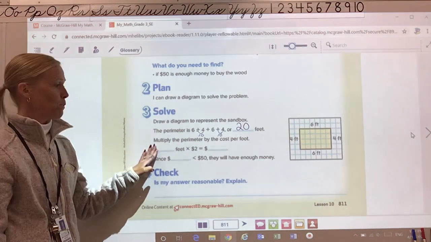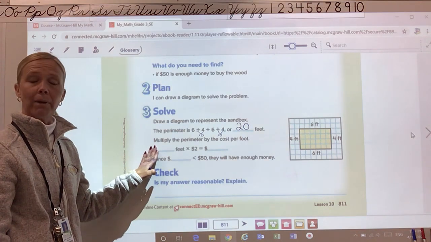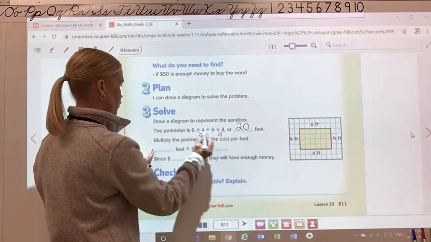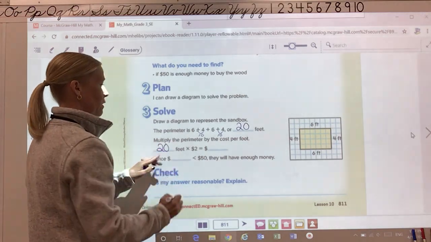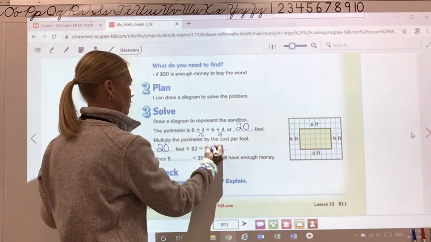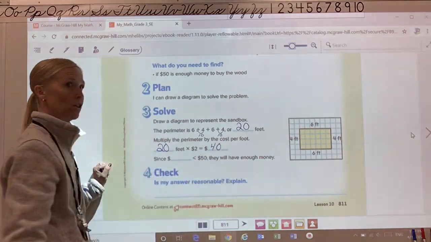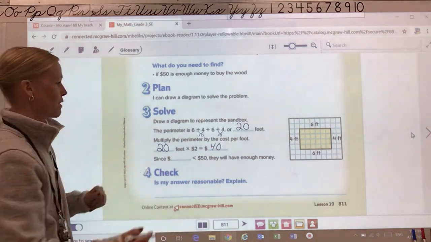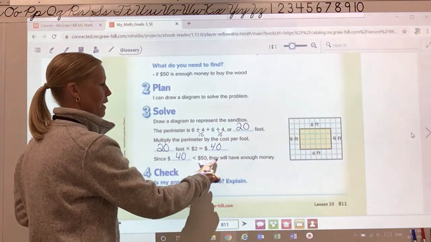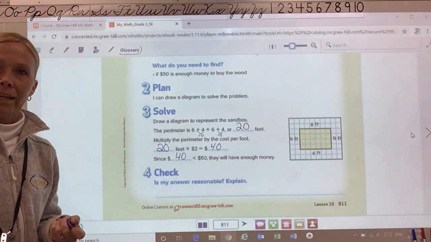Now what we need to do is we need to multiply the perimeter by the cost per foot. Well, we know we have a total of 20 feet. 20 feet times $2 is a total of $40. Well, since $40 is less than $50, they will have enough money.